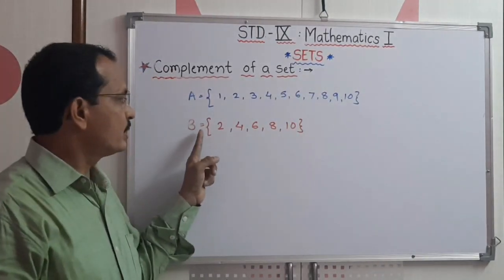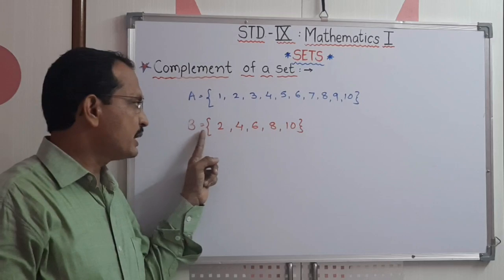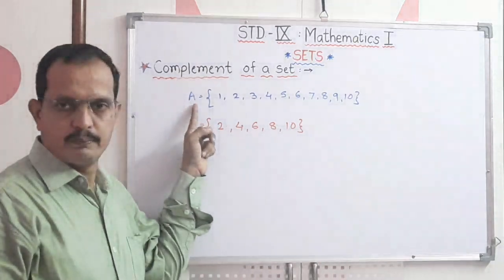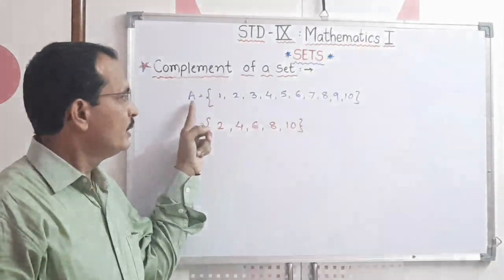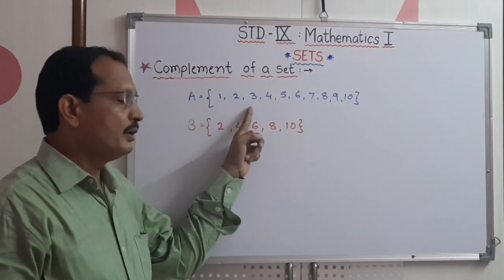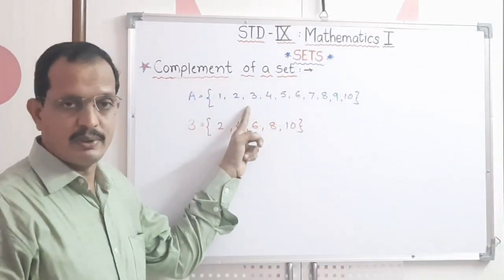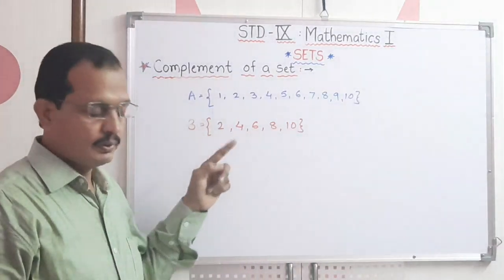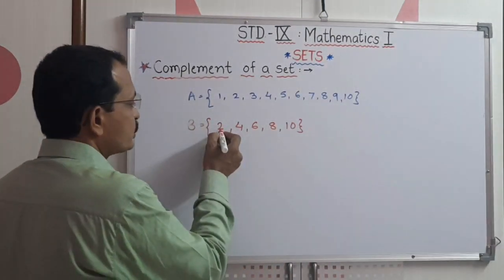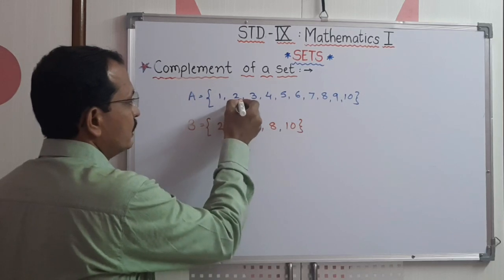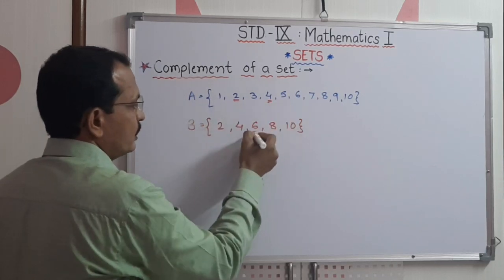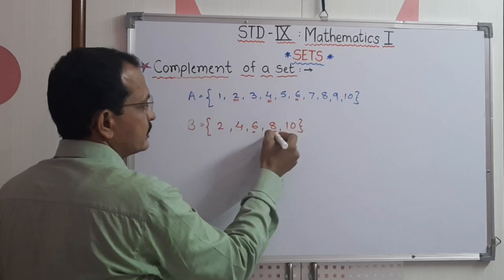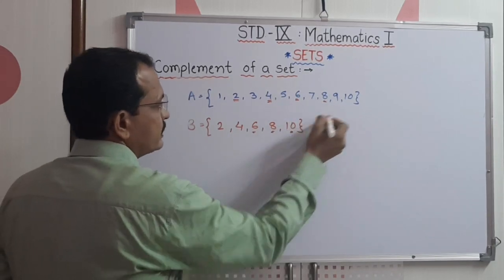See here, this set B is a subset of A, and set A consists of some elements which are not present in set B. Here it is 2, 4, 6, 8 and 10.